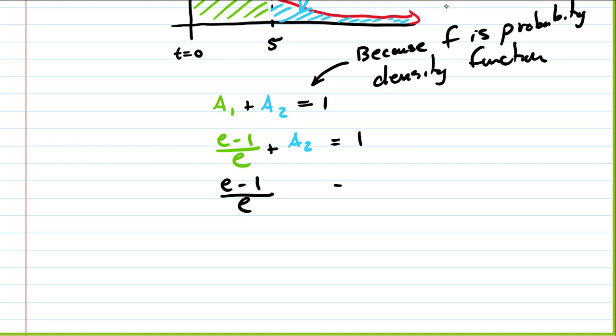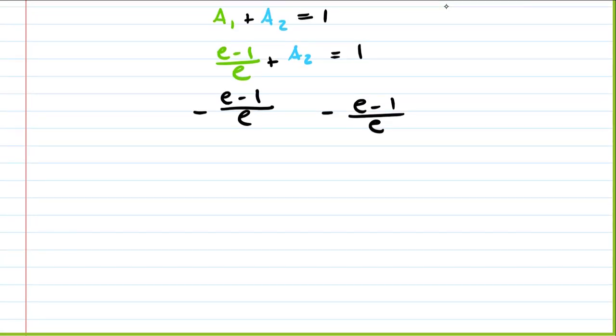I really should put that minus sign down here. Minus e minus 1 over e gives us that A2 then had to equal 1 minus e minus 1 over e.